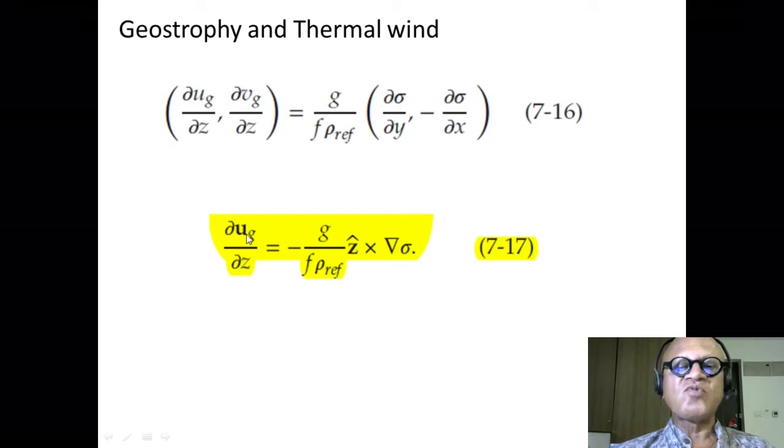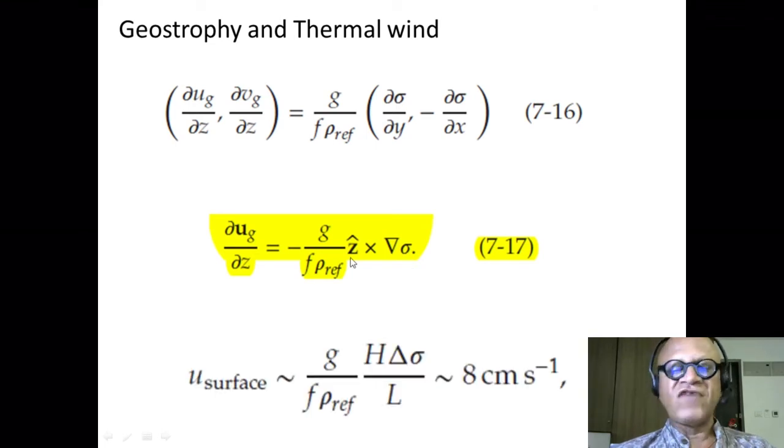In the vector form, we had written the geostrophic shear as minus g over f rho ref z hat cross grad sigma. So we are still in the z coordinate, and z hat is the unit vector in the z direction.